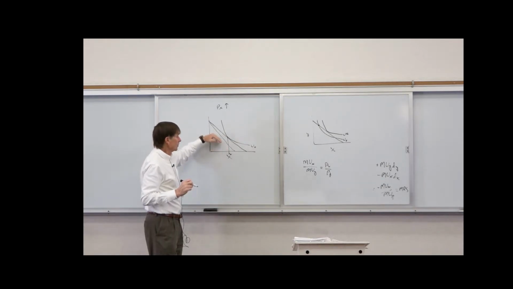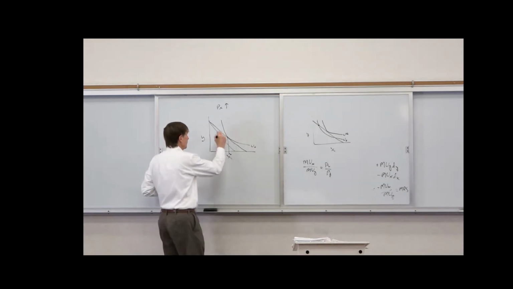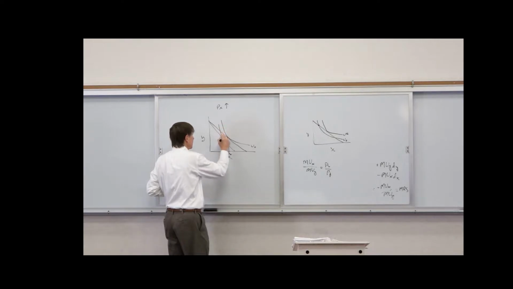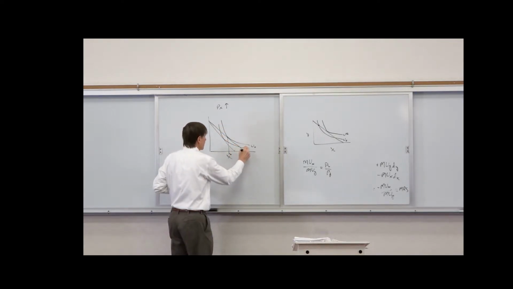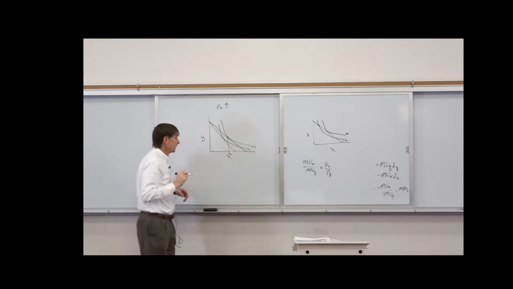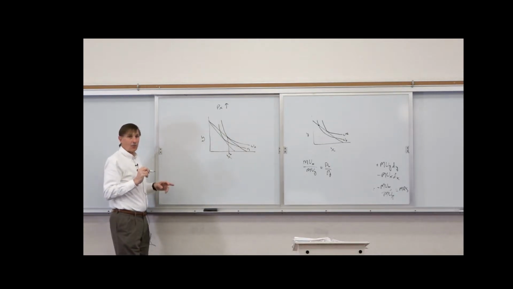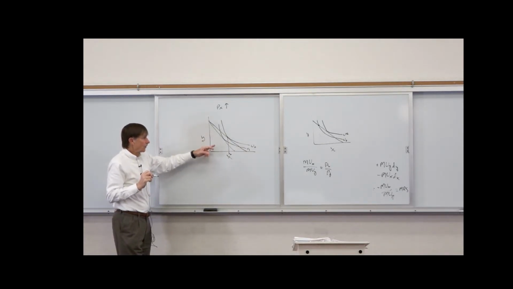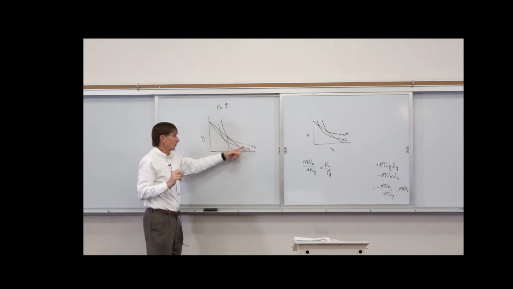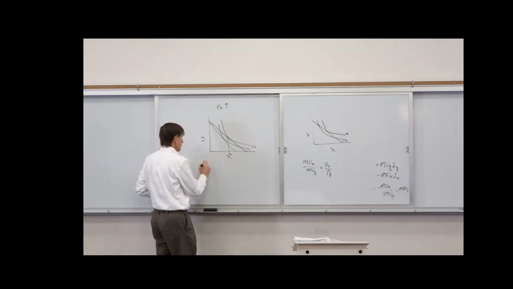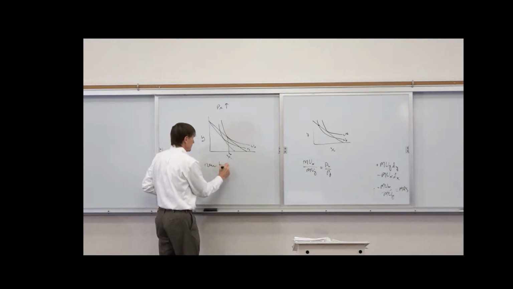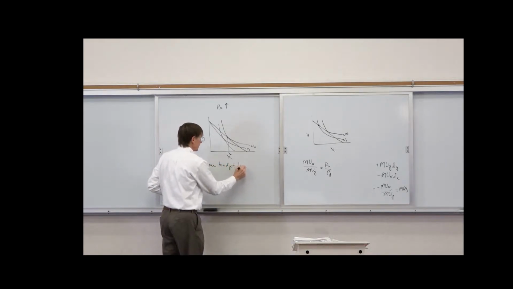So I'm going to find a new tangency, call that U1. And that's the new tangency where the new budget line is tangent to the new indifference curve, right? So we have a new budget line, right?